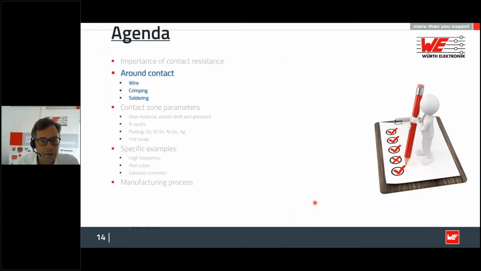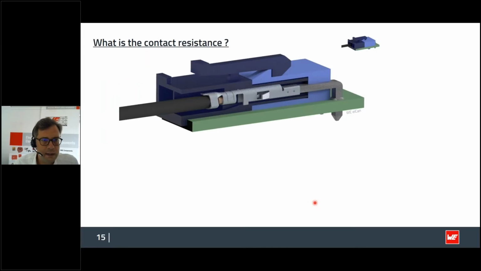Having a look at the contacts, or the resistances inside a connector, we've got a couple of them. In all, there are 6 types of resistance that create the entire contact resistance. First of all, which is shown over here on this whiteboard, is of course the wire.